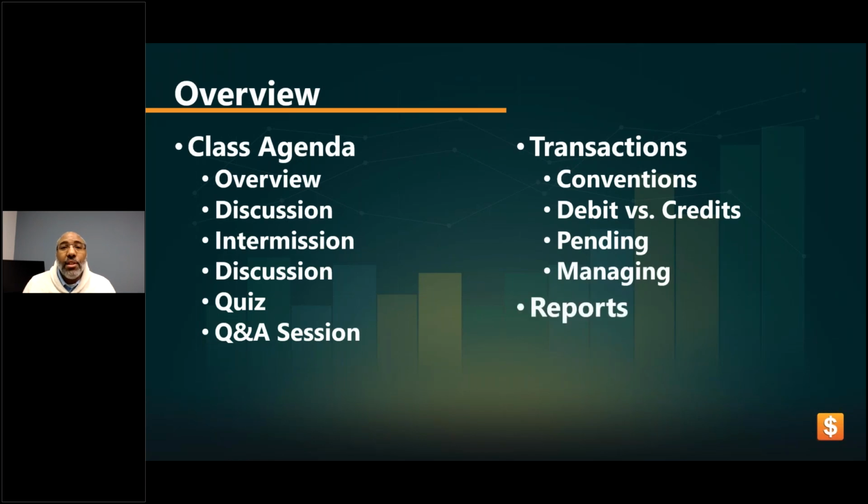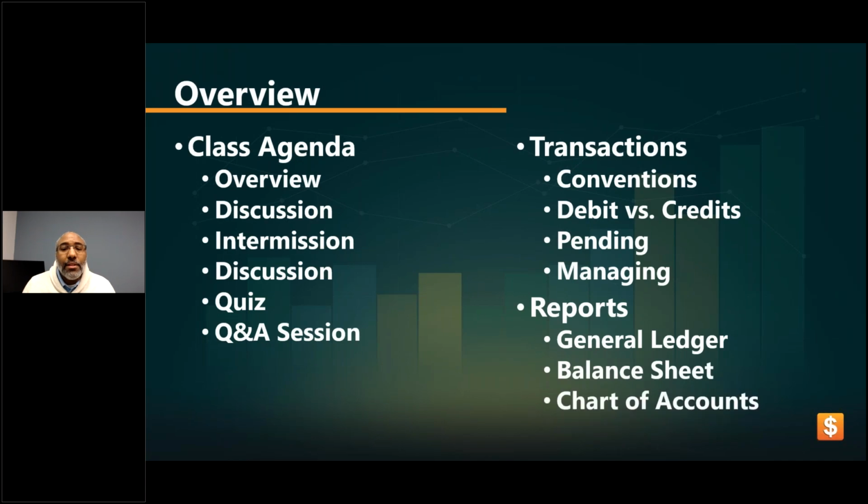We'll then transition into reports, and we'll go through all the different reports that are out there. So we'll discuss the general ledger report, the balance sheet report, the chart of accounts report, and there's one other report inside the software: statement of income and expense.